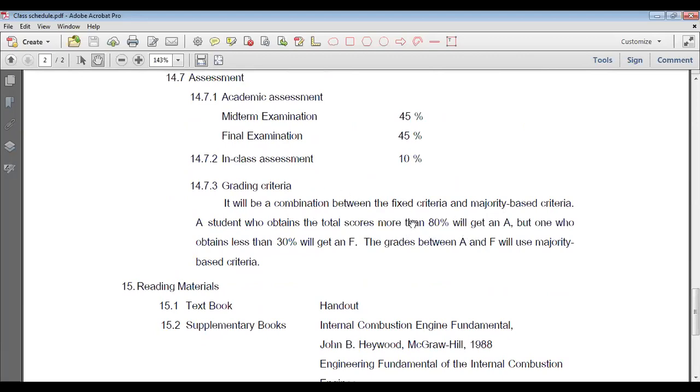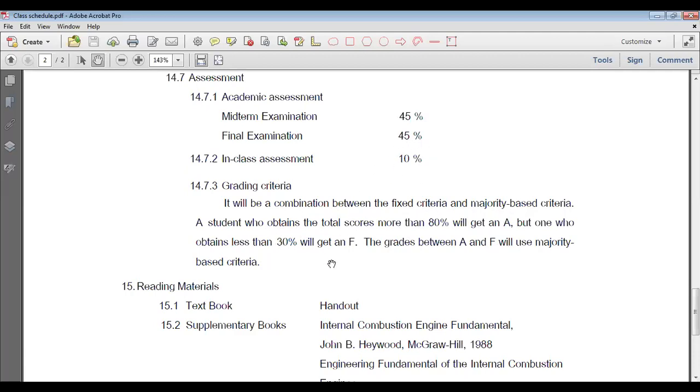The total score, if you can get 80% or more than 80% from 100, you will get an A, definitely, no questions. And if you get less than 30%, which I hope you do not, because the homework is already 10%, right?